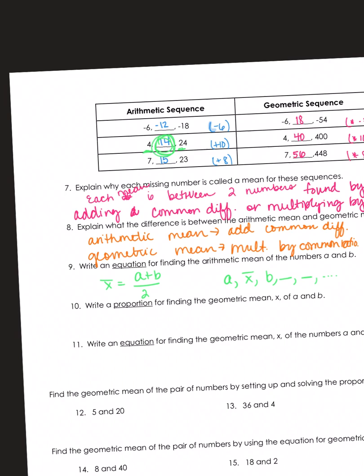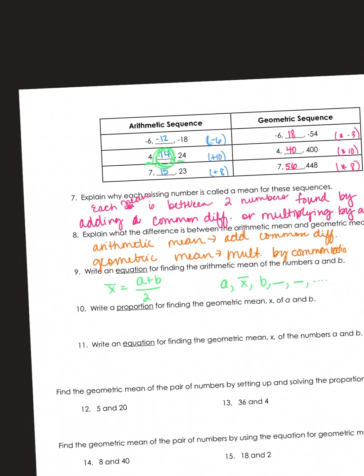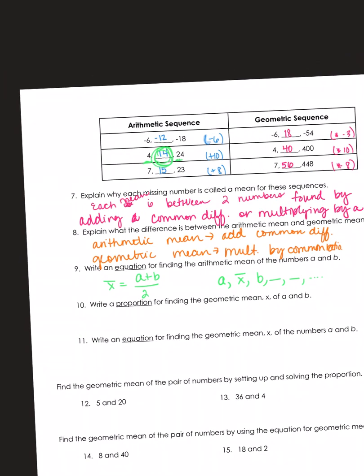All right, and then we have write a proportion, and that's a huge hint, and if you looked ahead or remembered me reading through that to you, a proportion is going to help us understand what a geometric mean is. So if I multiply -6 by -3 and 18 by -3, those become proportional because 6 over 18 is proportional to 18 over 54.